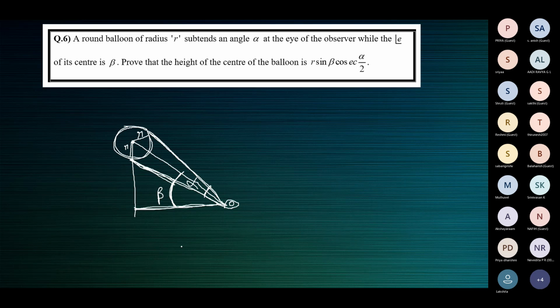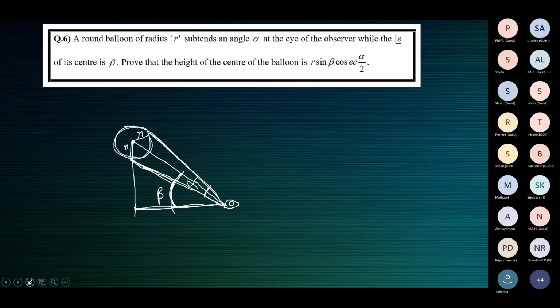The line of sight is the line segment joining the center and the eye of the observer, and this is beta. The angle between the line of sight and the horizontal is beta.